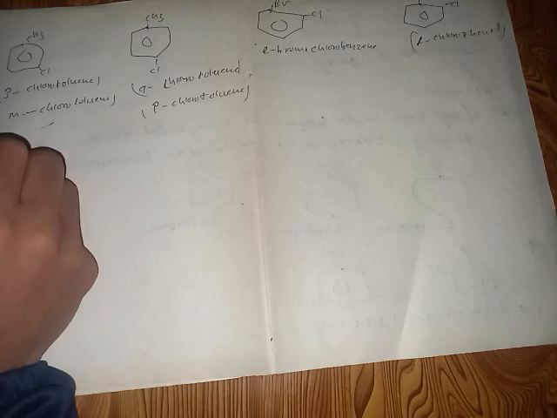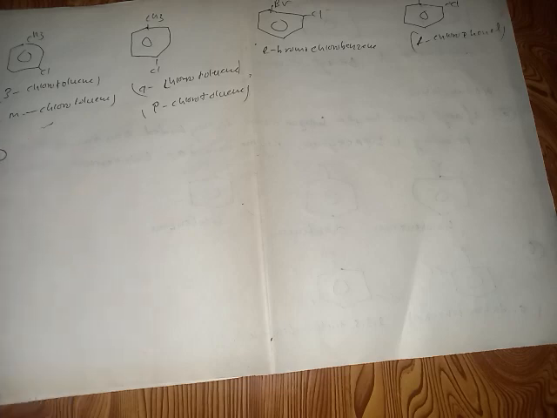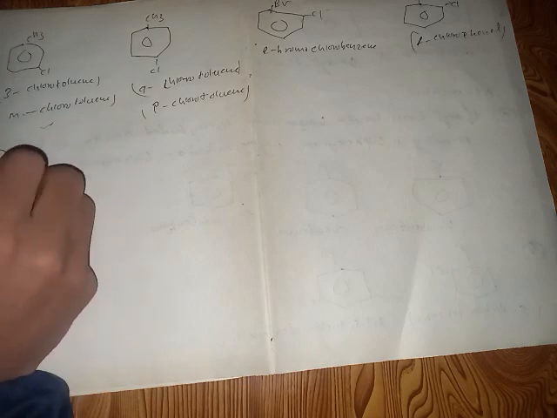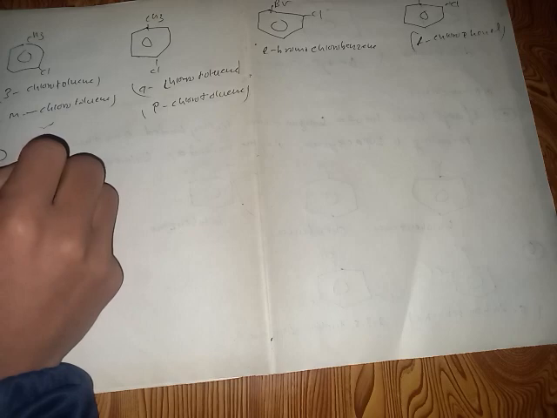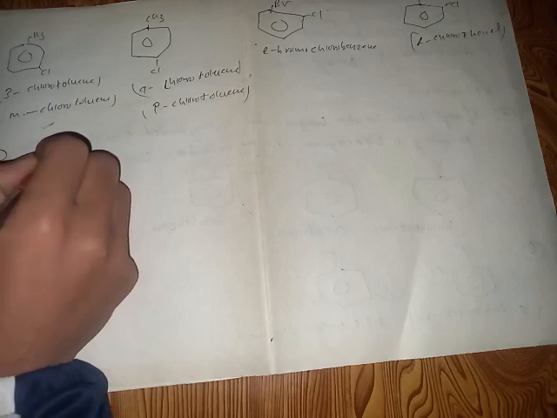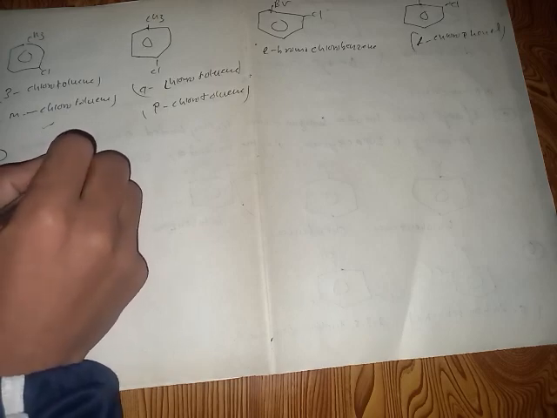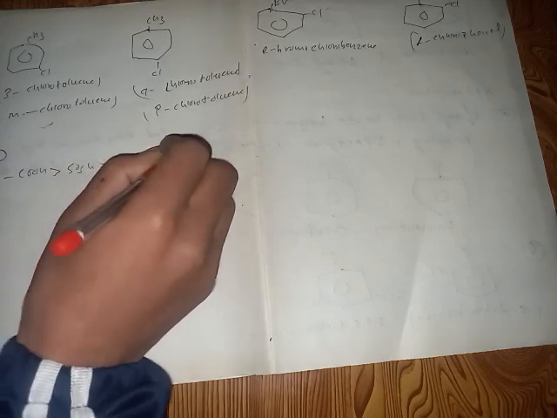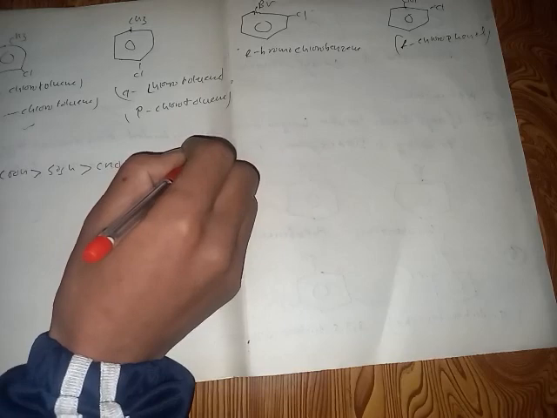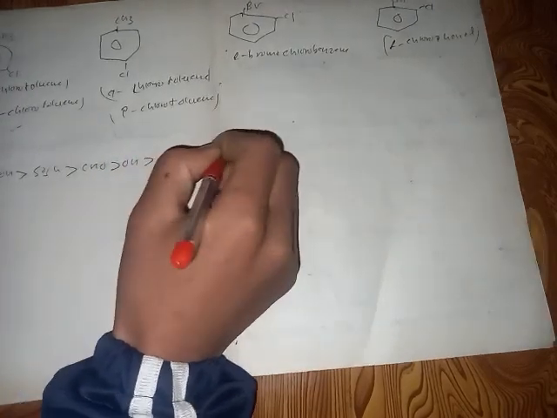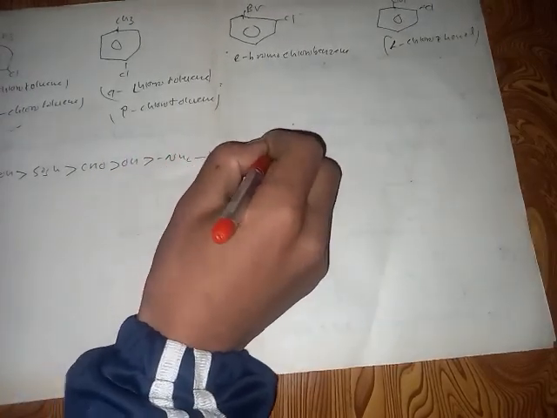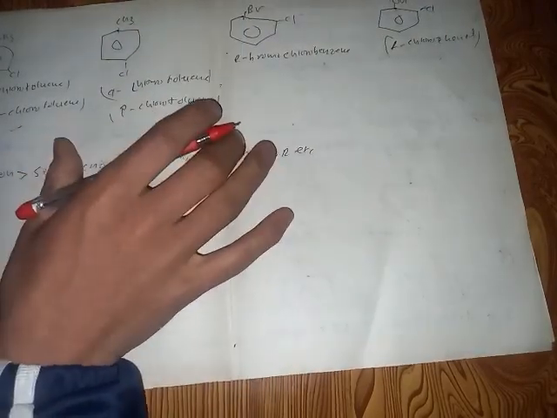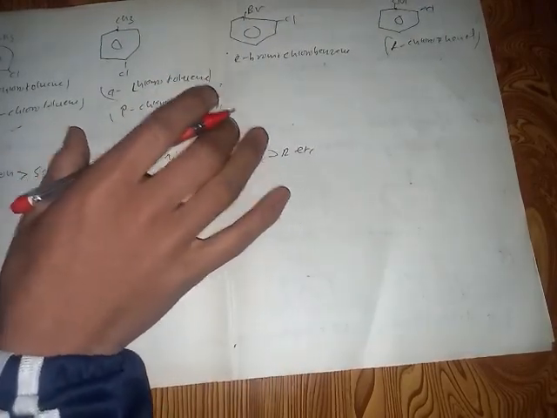Point number D. The priority order: COOH is first priority, and then SO3H, then CHO, then OH, and then NH2, then halogen, then NO2, and then R, etc. This is called the alphabetical order, or the priority order.